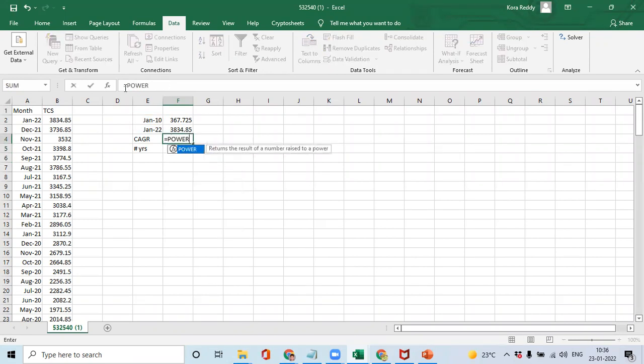So your return is this divided by this, to the power of 1 divided by the number of years. So how much returns has TCS given? 21.5% compounded annual.